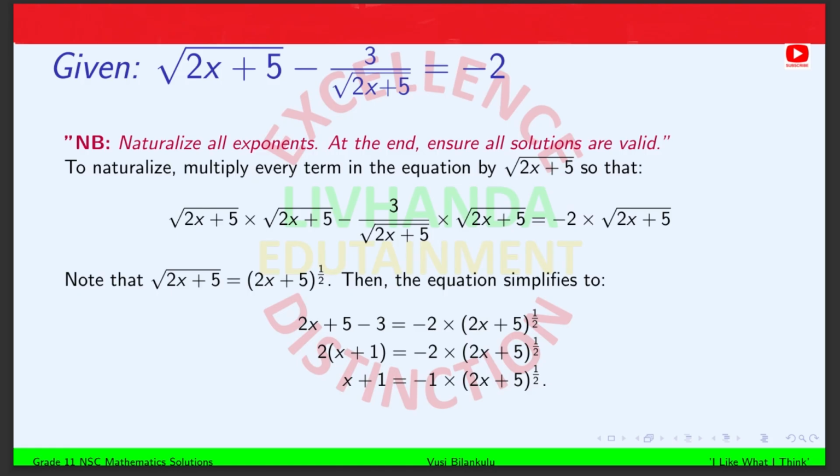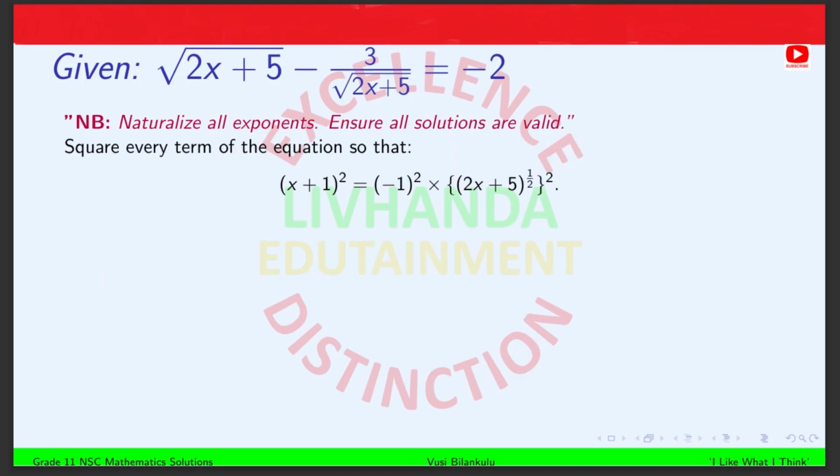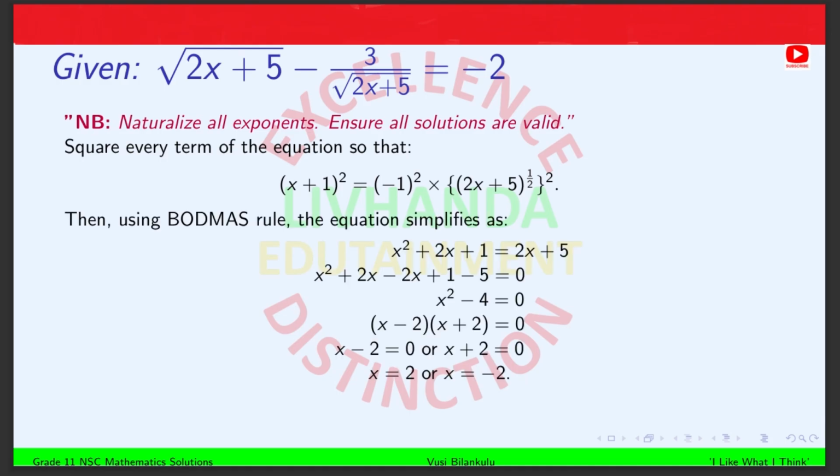Now, square each term in the equation, and then, using the BODMAS rule, the equation simplifies to a difference between x squared and 4. A factor for this quadratic equation is either x minus 2 or x plus 2.